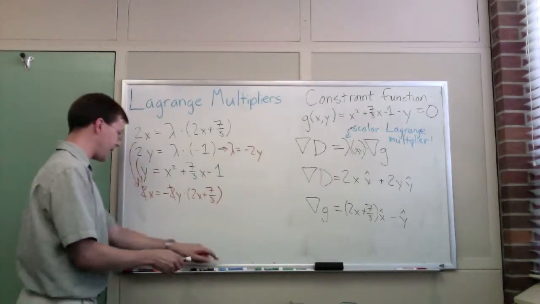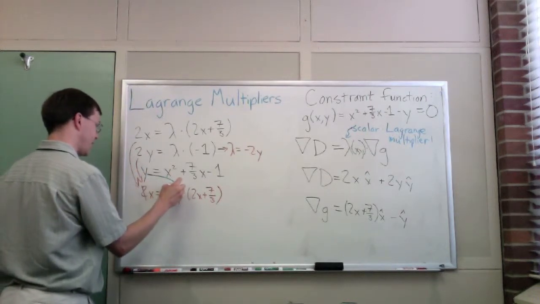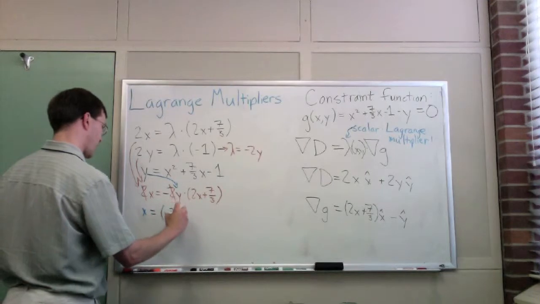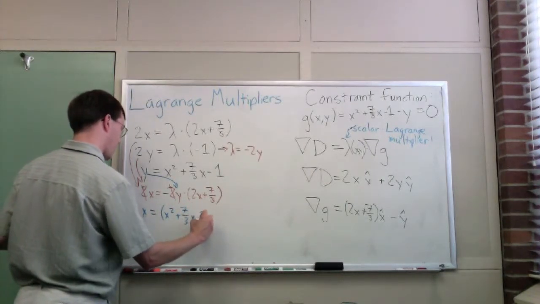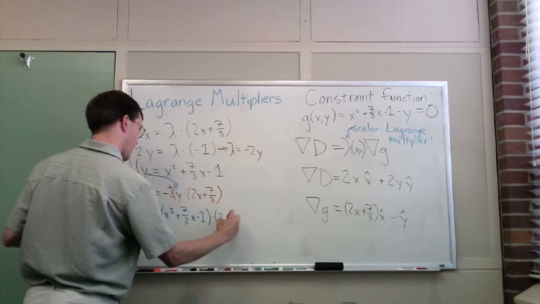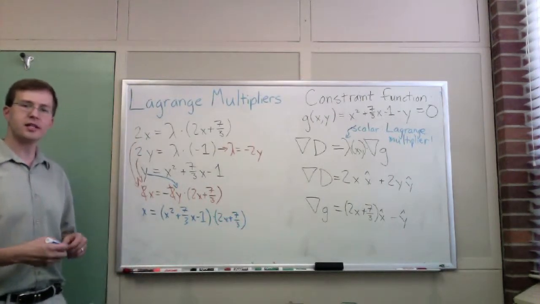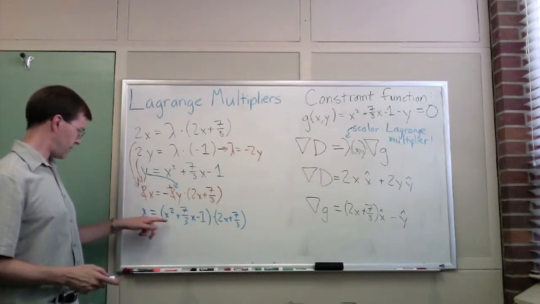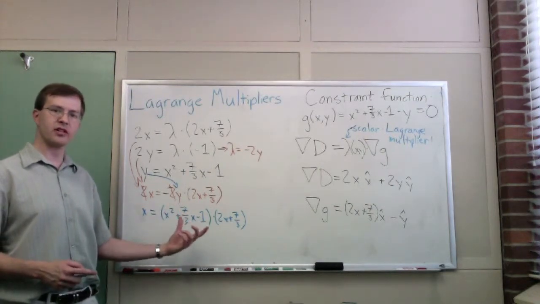So I can take that, I can pull this in there, and I can say x equals x squared plus 7/3 x minus 1 times 2x plus 7/3. And if you look at this, I can multiply it all out. It's a cubic equation, right? X squared times x will give me x to the third as my highest term.